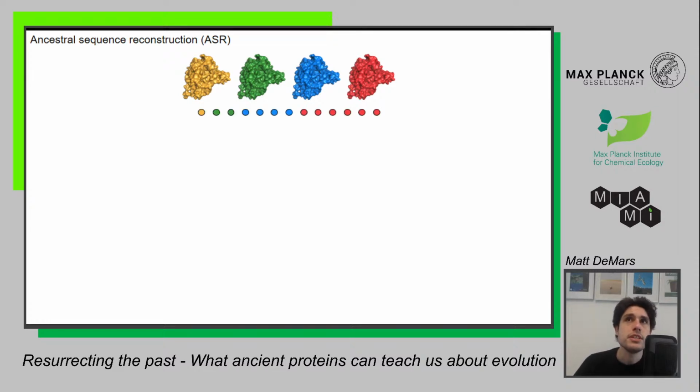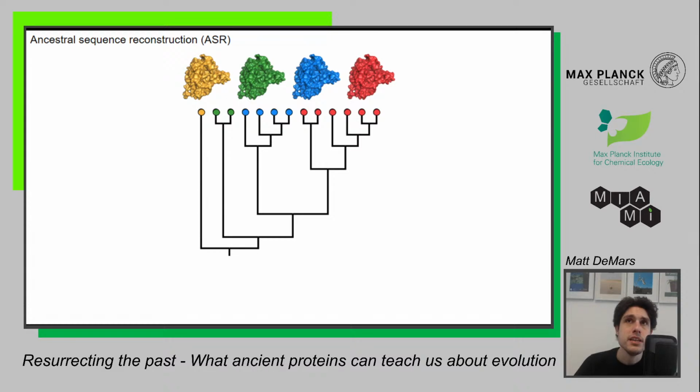These modern proteins all represent the tips of this phylogenetic tree that I show here. This classical approach, or horizontal approach, is looking just at the extant proteins and comparing them.